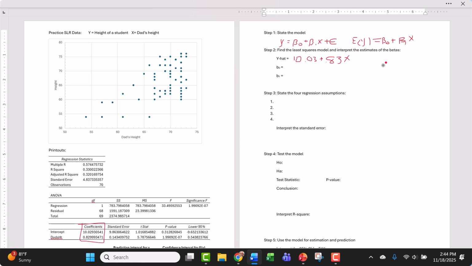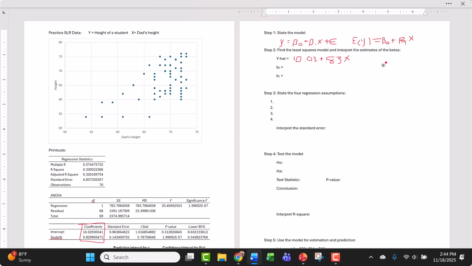And so now we need to interpret the intercept and slope. The b0, the 10.03, is my estimate of beta naught. The b1, the 0.83, is my estimate of beta 1. And so we want to give our interpretations.